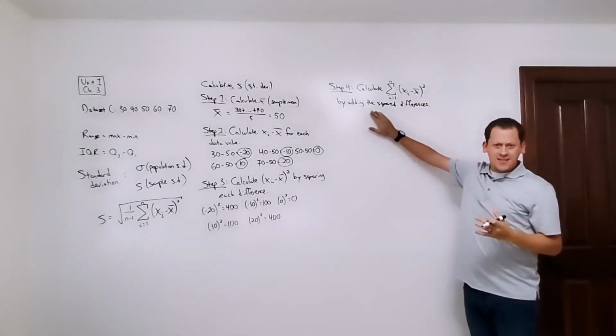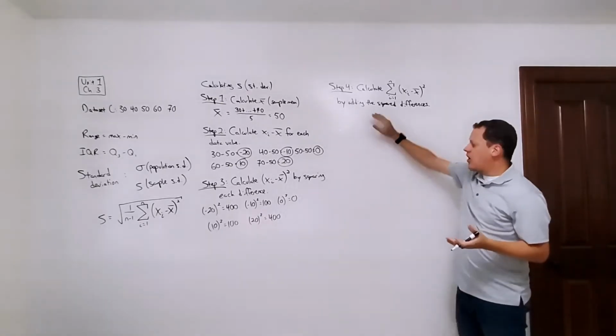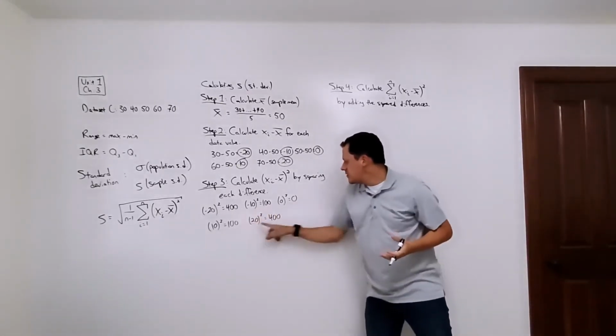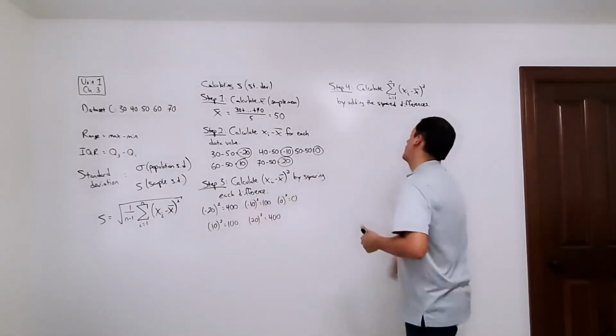So by writing it this way, I'm actually possibly making it more complicated than it really is. All you're doing is taking these 5 values and adding them up. But these are the squared differences.